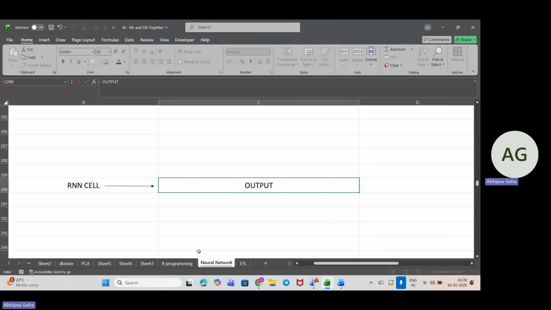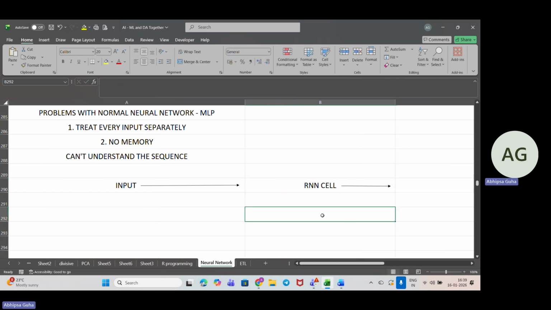And basically here it is backed by memory. It's backed by memory, right?